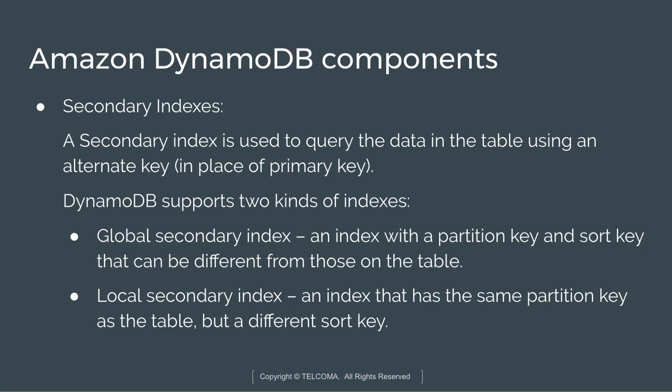A global secondary index is an index with a partition key and sort key that can be different from those on the table, whereas a local secondary index has the same partition key as the table but a different sort key. That means in a global secondary index, the partition key and sort key are different from the table, whereas in a local secondary index, the partition key is the same and the sort key is different.